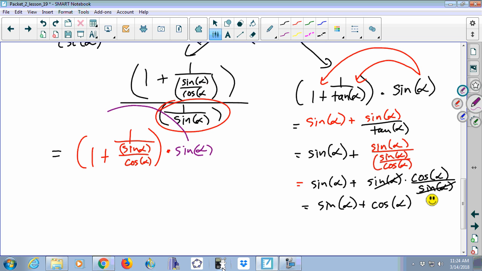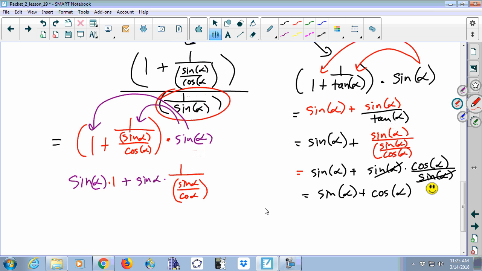Now you multiply sine alpha times each one of these terms, and you get sine alpha times 1 plus sine alpha times 1 over sine alpha divided by cosine alpha. Okay, this says what? Take the reciprocal of that bottom. That's all it says when you put 1 and you divide something into 1.